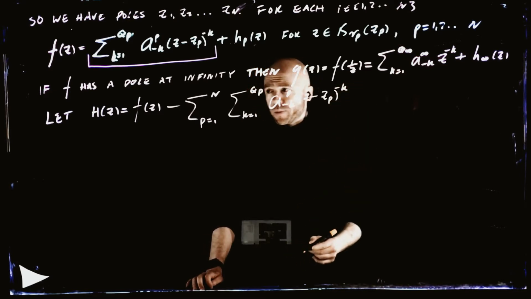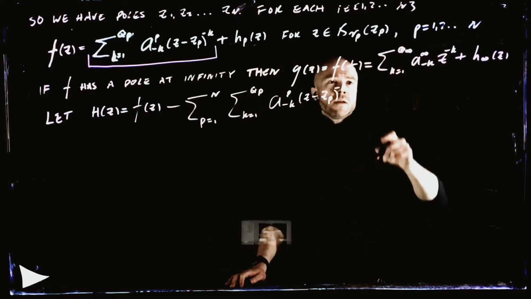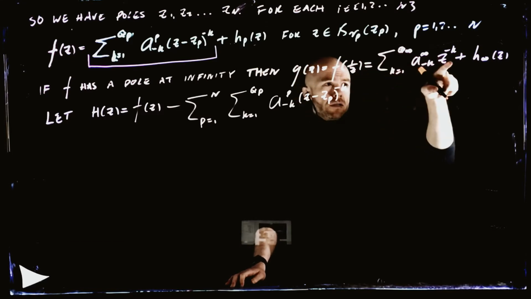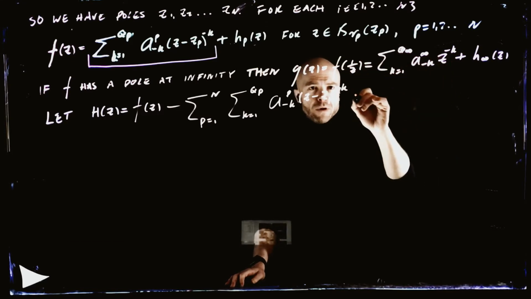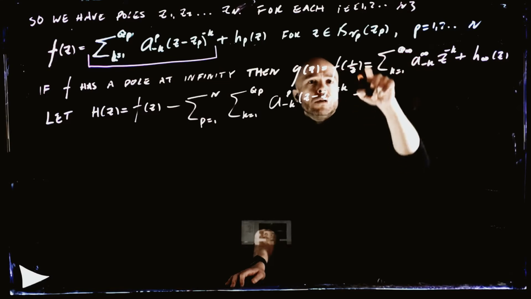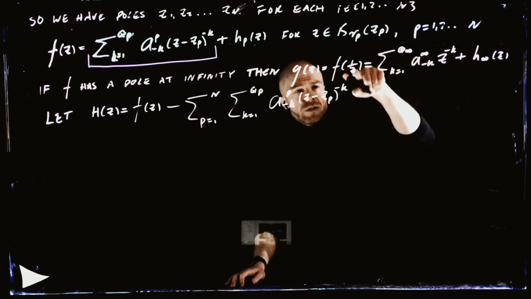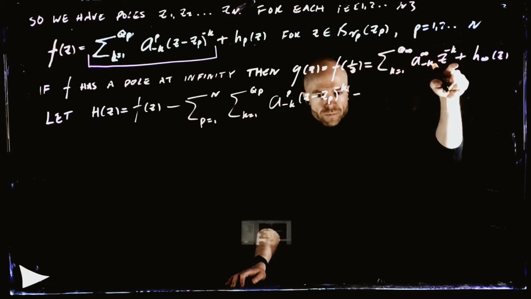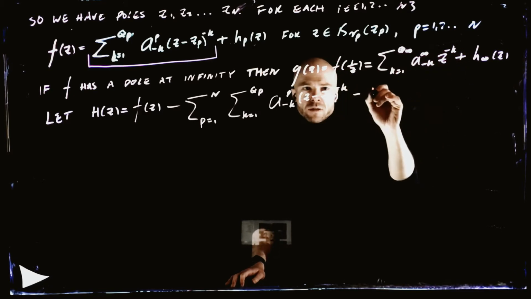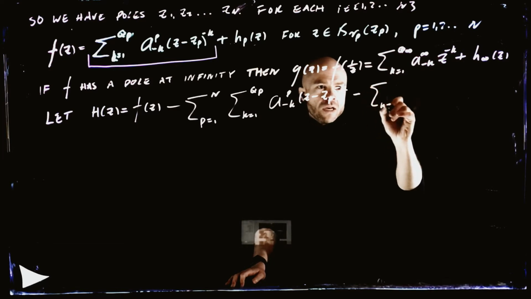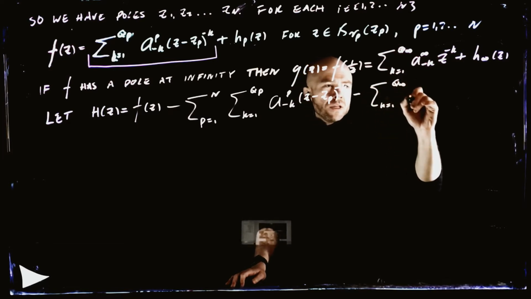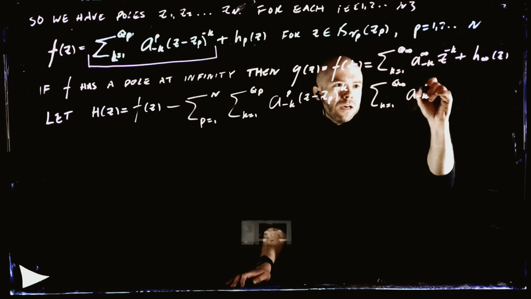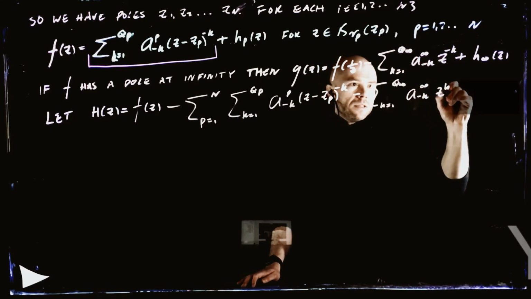And now we're going to strip away the pole at infinity, right? So if we look at this thing right here, to strip away the pole at infinity, what we're going to have to do is 1 over z gets replaced by z. So this z to the minus k now becomes z to the k. Yeah? So minus the sum from k equals 1 to q_infinity of a_infinity minus k z to the k.